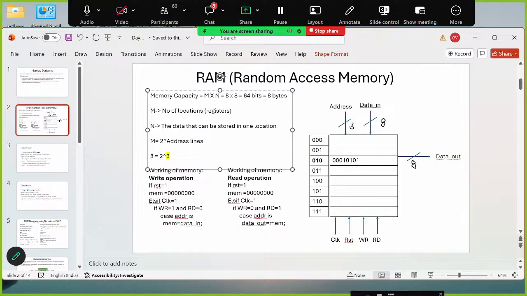But still it is referred to as M into N, total capacity. So after understanding this concept, let us start designing the memory and let's see how we can do that using this concept.